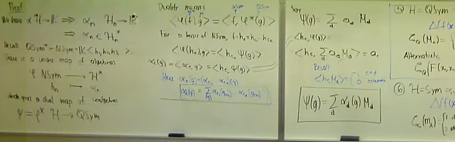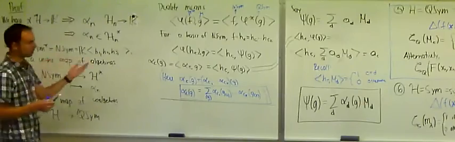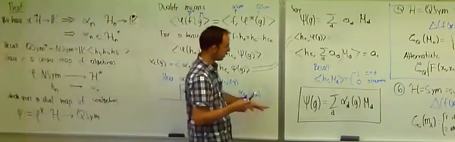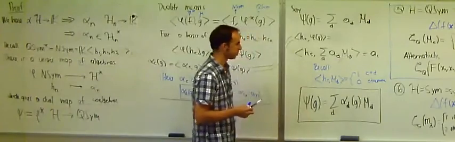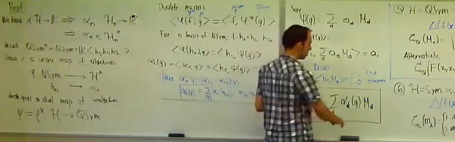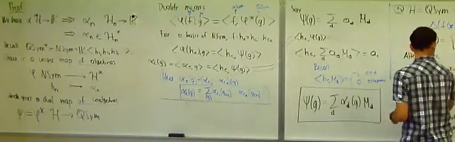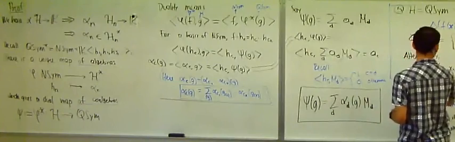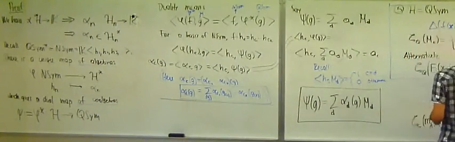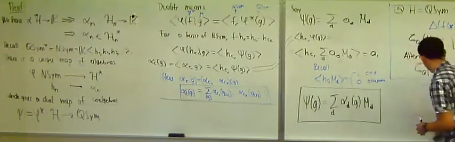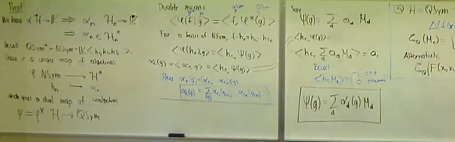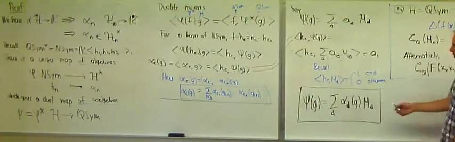Okay, so far, I started with this definition and I gave a formula for C. Now, what do we know about C? Maybe I don't want to erase this just in case I need it. What do we know about C?